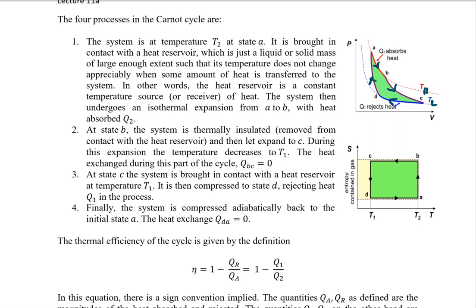Carnot cycle: from A to B, isothermal expansion; B to C, adiabatic expansion; from C to D, isothermal compression; from D to A, adiabatic compression.